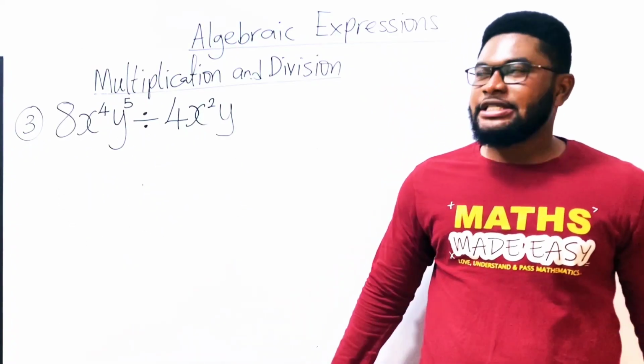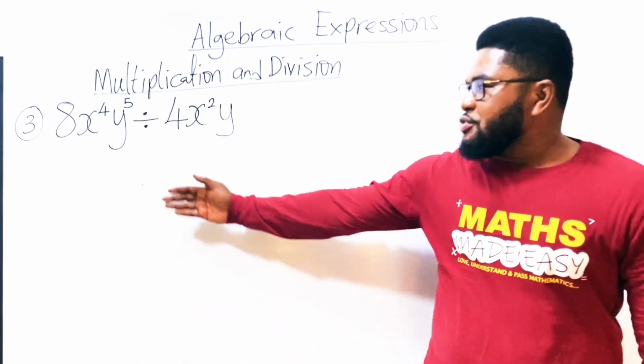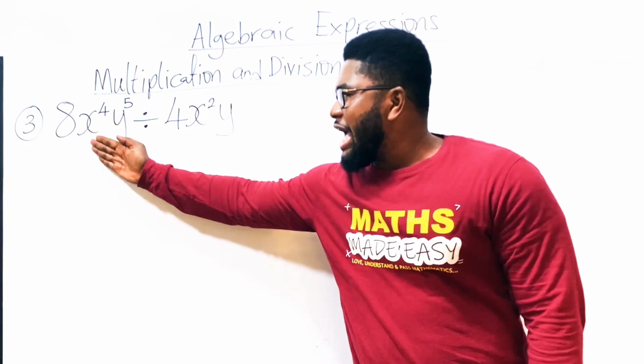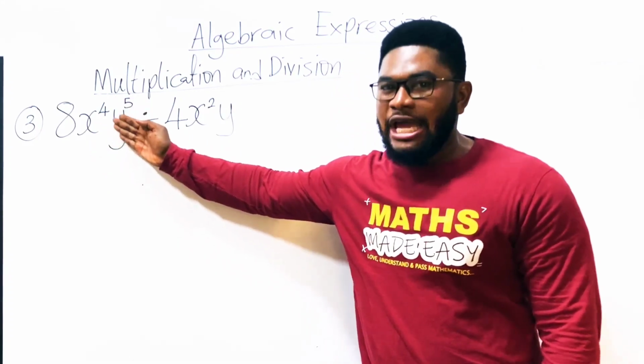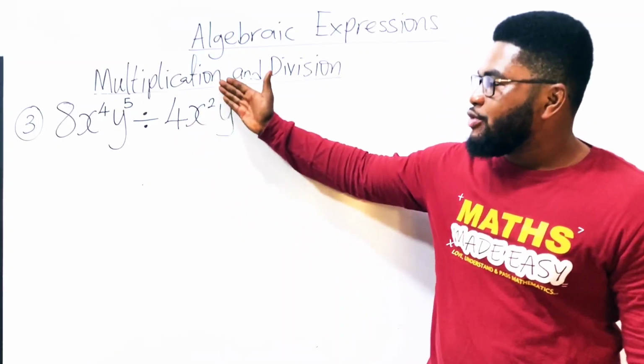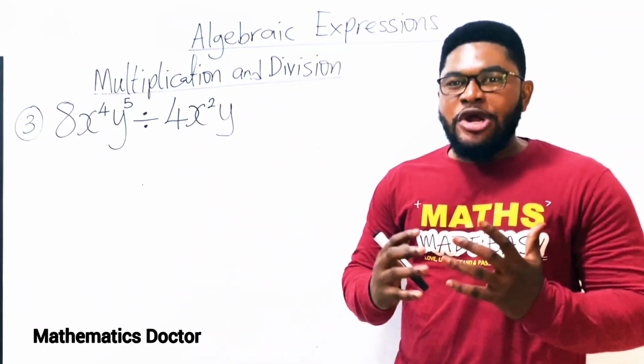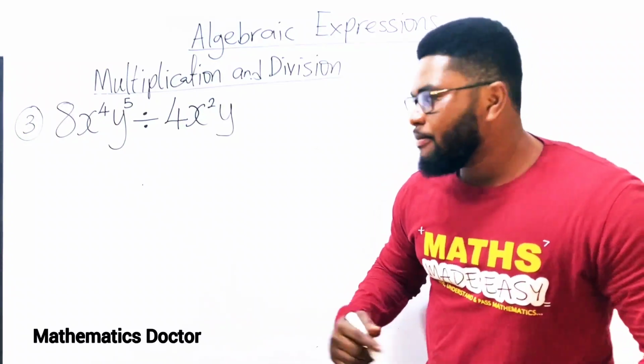Let's take the third example under division of algebraic expression. Here we have to simplify 8x raised to the power 4 y raised to the power 5 divided by 4x raised to the power 2 y. Now you can rewrite it in the numerator and denominator format.